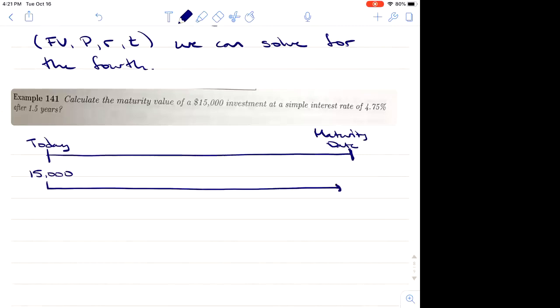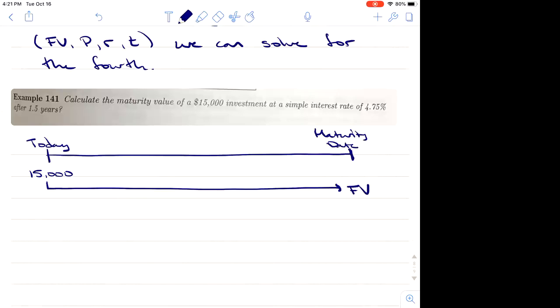That's going to become some future value. If there's anything that you don't know, you can just use the variable name, which says that's something you have to solve for. So we have to solve for the future value.